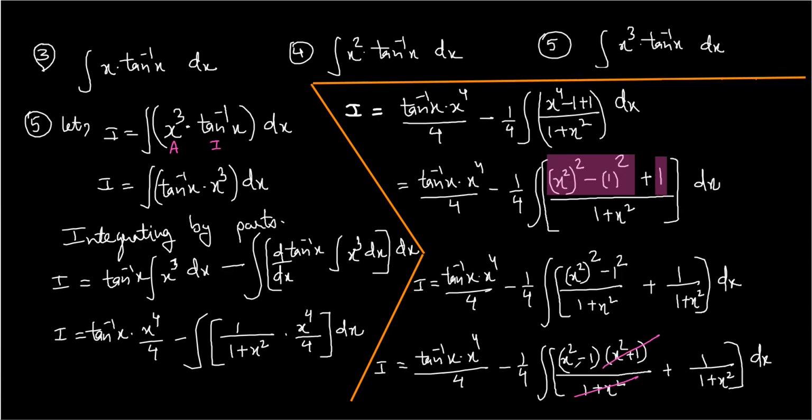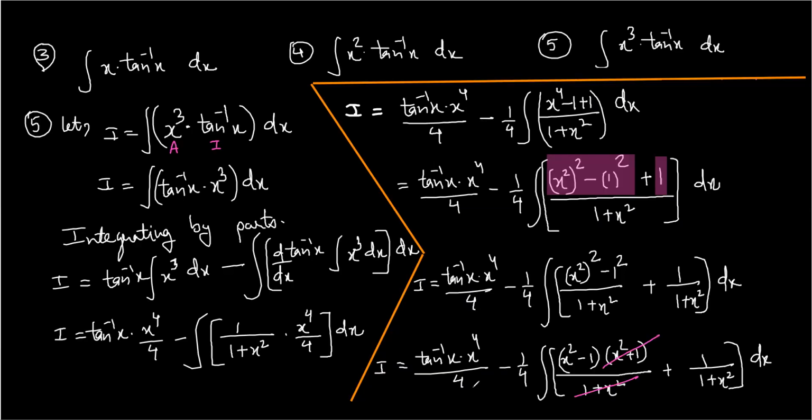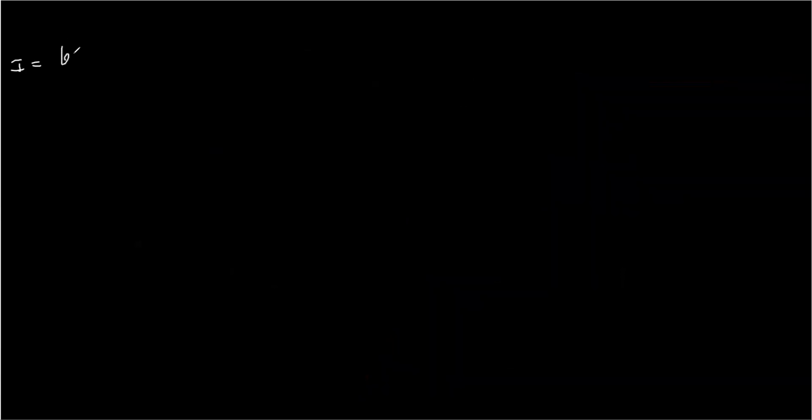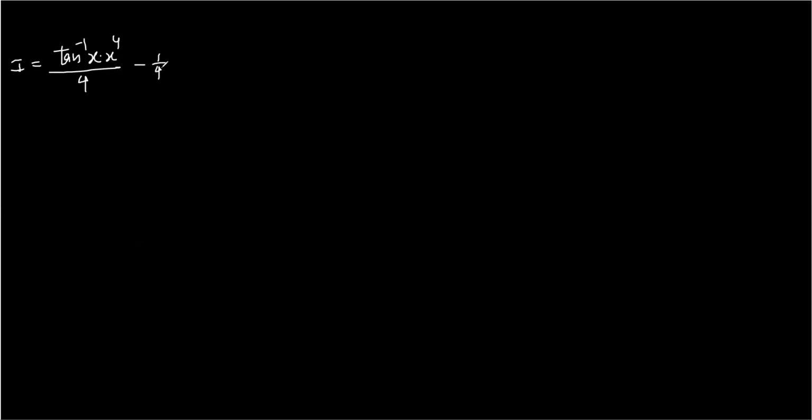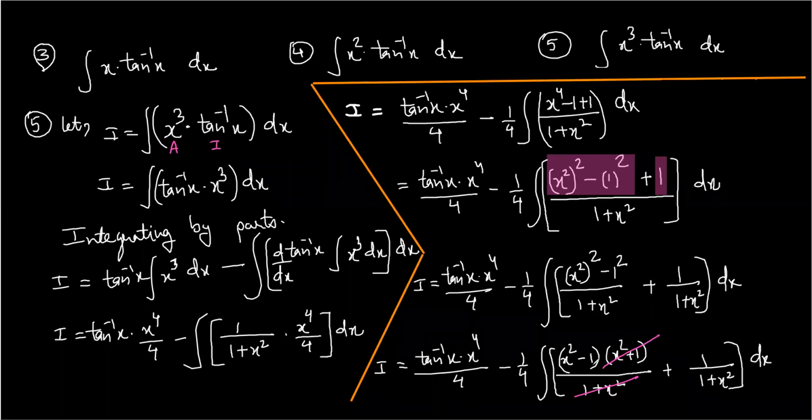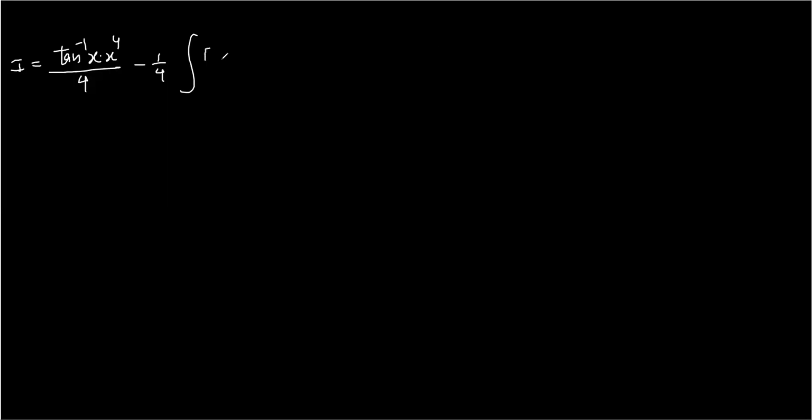So the next step I get is I equals to tan inverse x into x raised to 4 upon 4 minus 1 upon 4 and integral x square minus 1 plus 1 upon 1 plus x square dx.